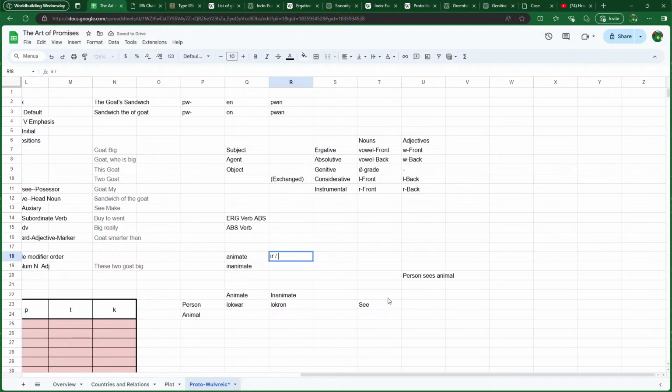Because what we're building right now is vowel harmony. Basically, if the root word follows a front grade, then this will be ear. And if it follows a back grade, it will be something else.